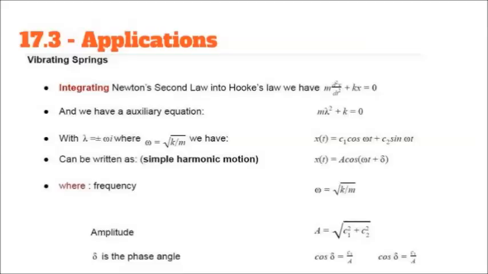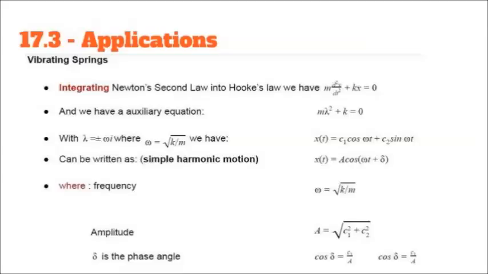This is section 17.3, applications of second order differential equations. For a vibrating spring, we can get a formula by integrating Newton's second law into Hooke's law. We get this formula, and we can convert it into an auxiliary equation. We have m lambda squared plus k equal to 0.